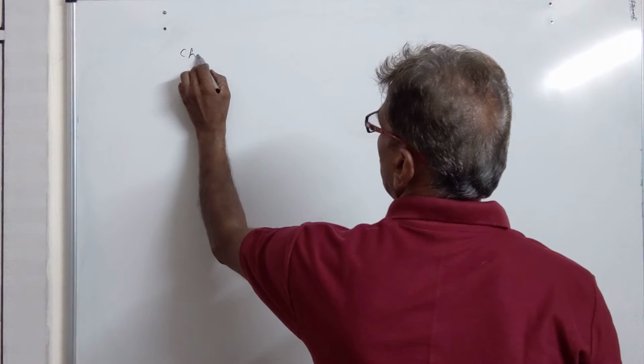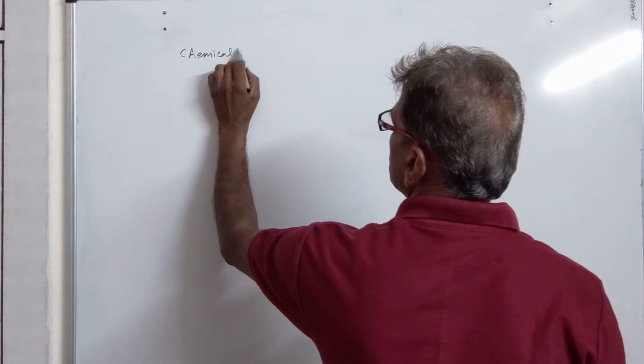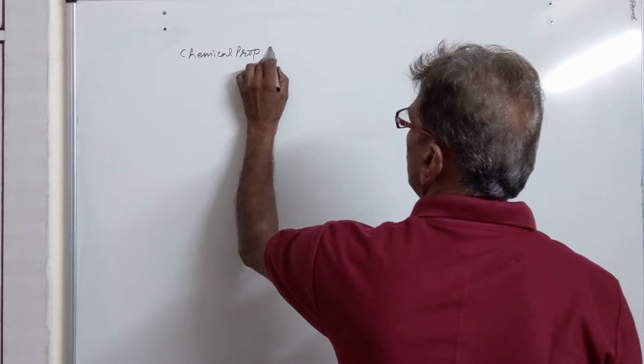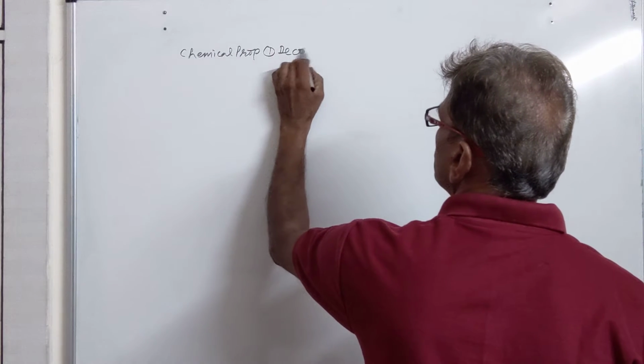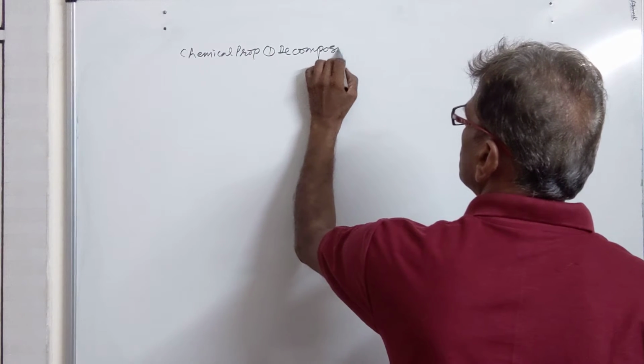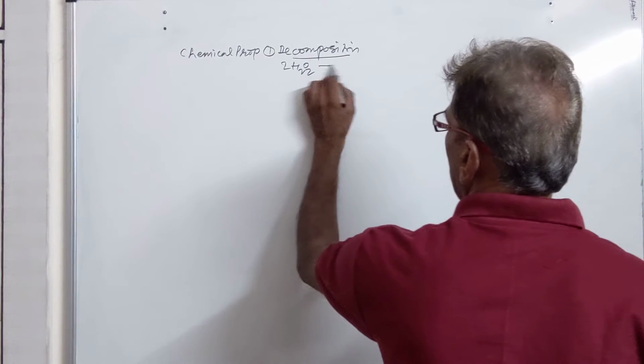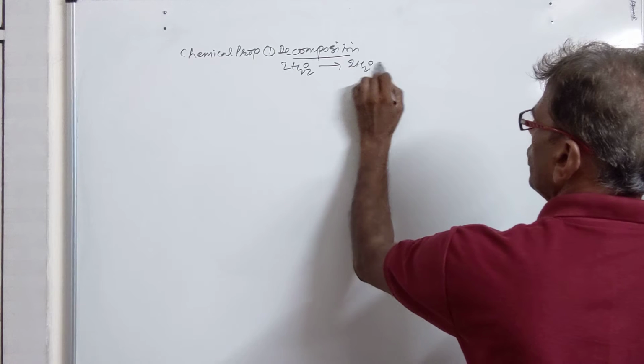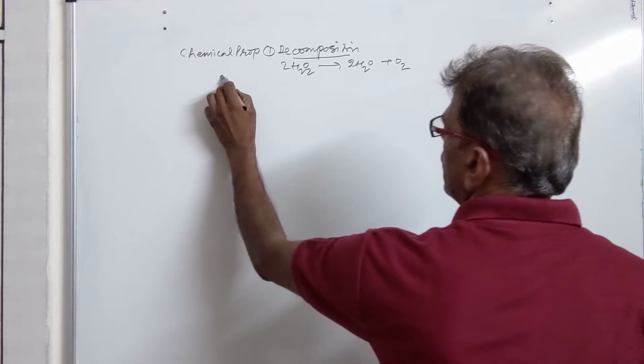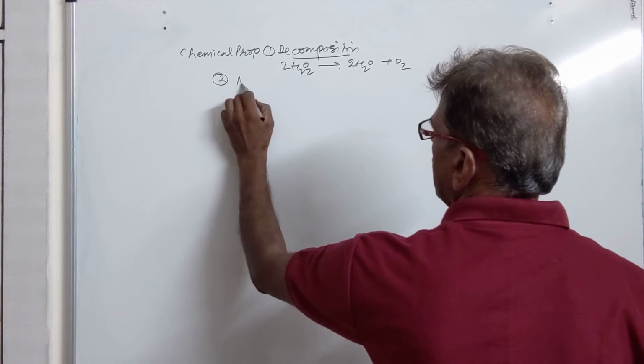So chemical properties: first is decomposition. H2O2 decomposes itself to water and oxygen. Second is acidic character.